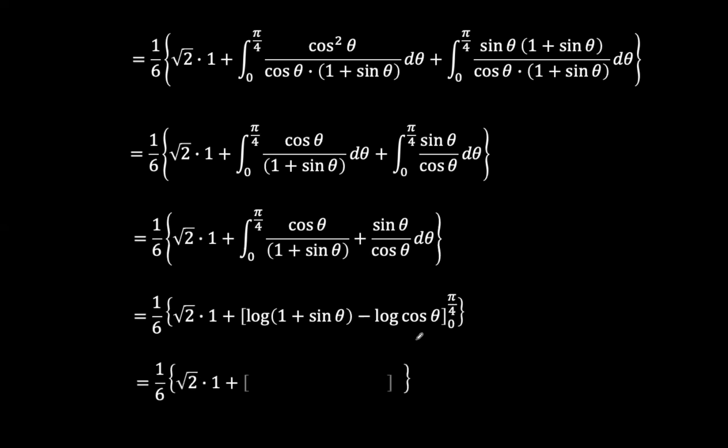Applying in the limits appropriately, first of all, I had to use the rules of logs where there's a subtraction of two different logs. So we have to combine it into one log function and then divide whatever is under the log function. So we have the log function of sec theta plus tan theta.